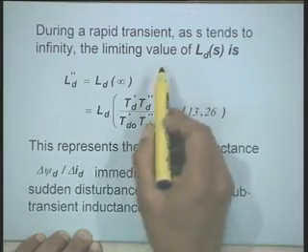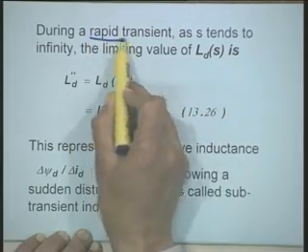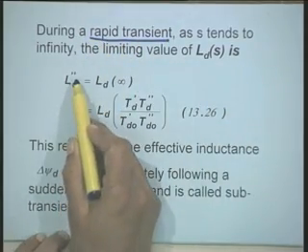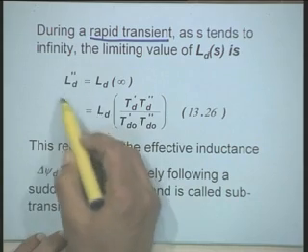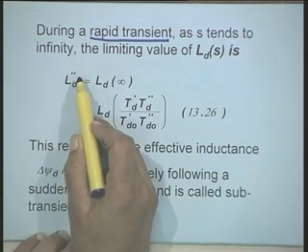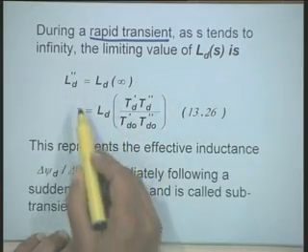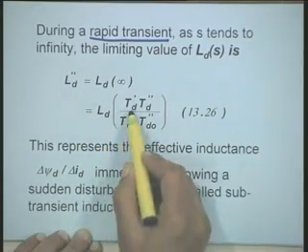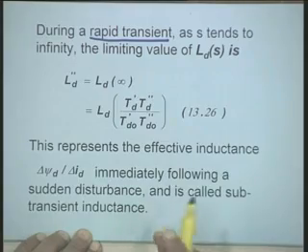When S approaches infinity, it means the transient is of short duration, right? Then the frequency associated will be very large. If you make this situation, that is the rapid transient condition, then we will represent this operational impedance for S equal to infinity as LD double prime, and this will come out to be equal to LD multiplied by this expression.